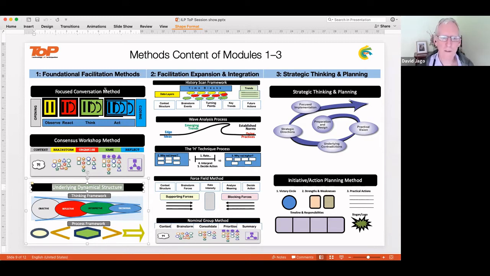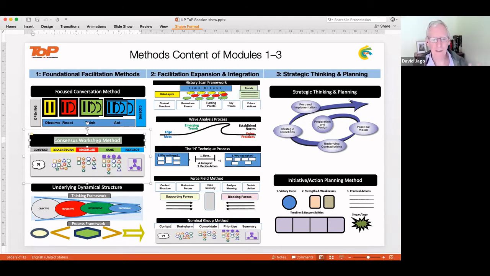One is your basic conversation method that helps people stay on track towards, as Kevin said, a productive and meaningful outcome. Another is a consensus workshop method, and for all those people who've used sticky notes and affinity mapping, this is in that same field. And then there's an underlying process framework as well, which we cover here.